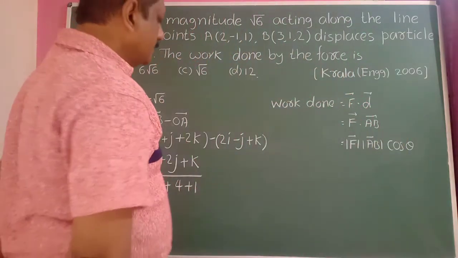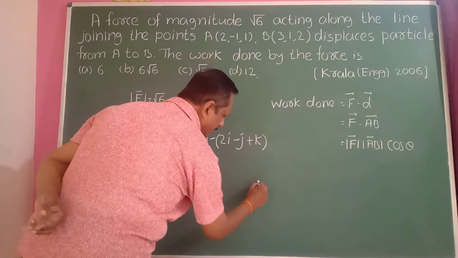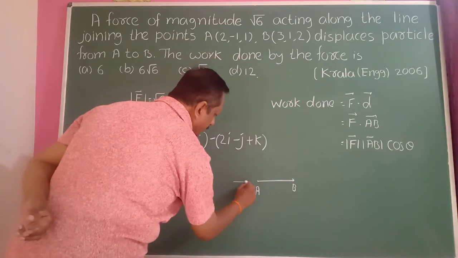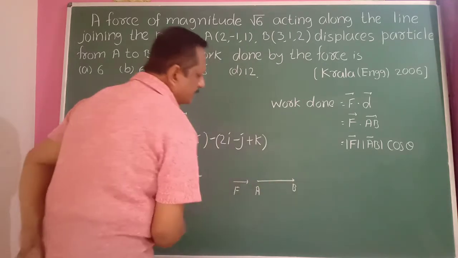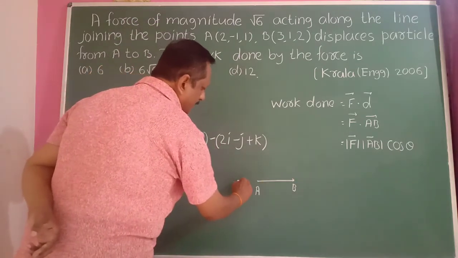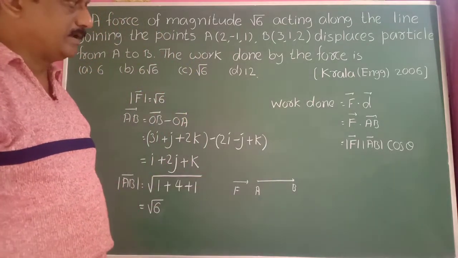In this case, the particle is at point A, and then it goes to point B when the force is applied. So the force and the displacement of the particle are along the same line. Hence, the angle theta between them is 0 degrees.